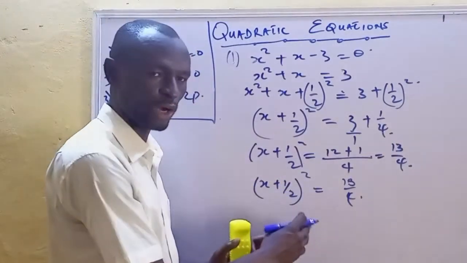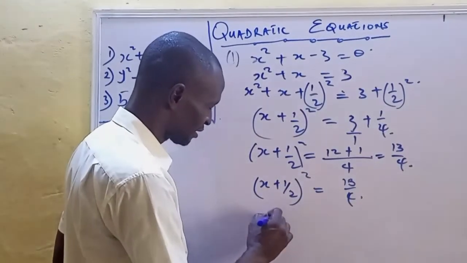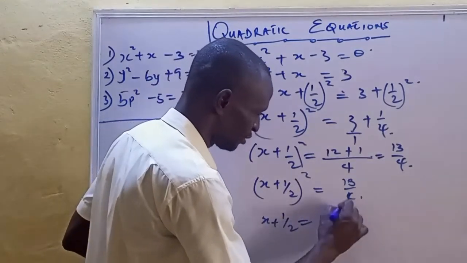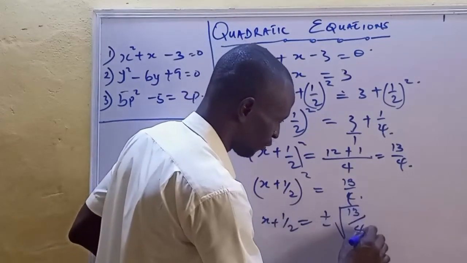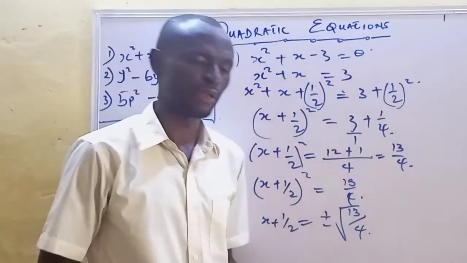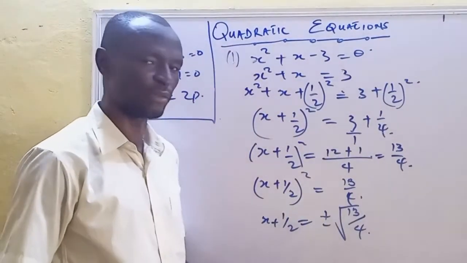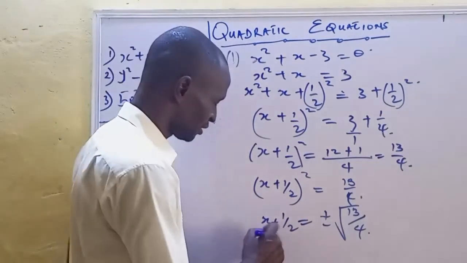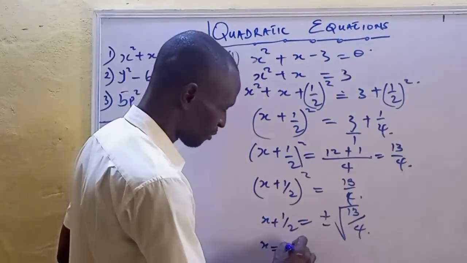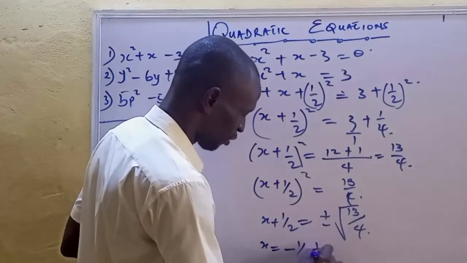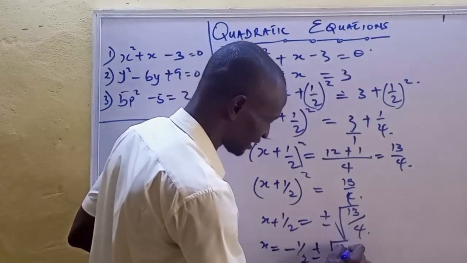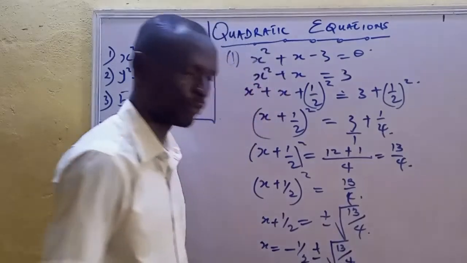So if I'm taking the square root of both sides, x plus half is the same thing as plus or minus square root of 13 over 4. Now, obviously, this is leading me to an irrational number. This becomes x is equal to minus half plus or minus root of 13 over 4.